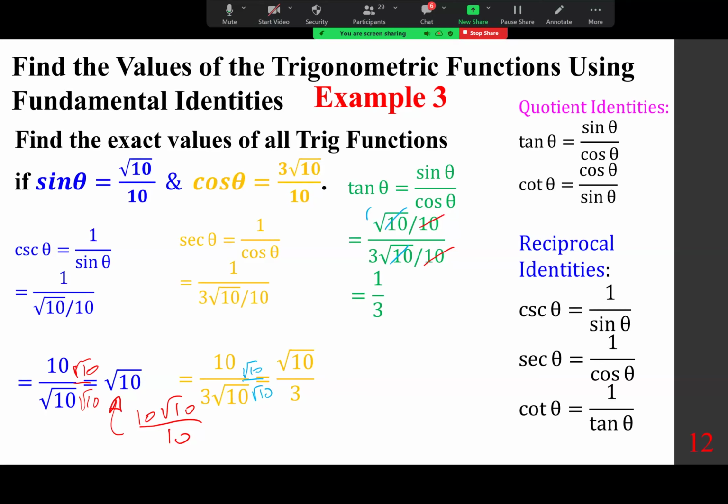The top becomes 10 square root of 10. And the bottom becomes 3 times 10. So they can cancel each other. Square root of 10 over 3. These are precise answers. You have to answer in precise form. So tan theta is given as 1/3. Cotangent is the reciprocal of that. Makes it 3. Very simple, everybody.